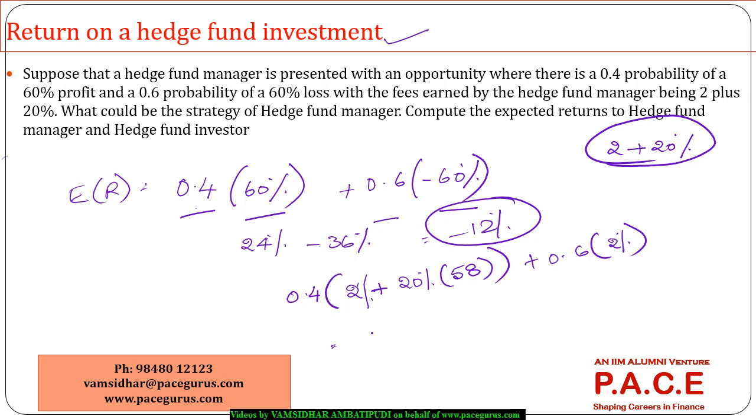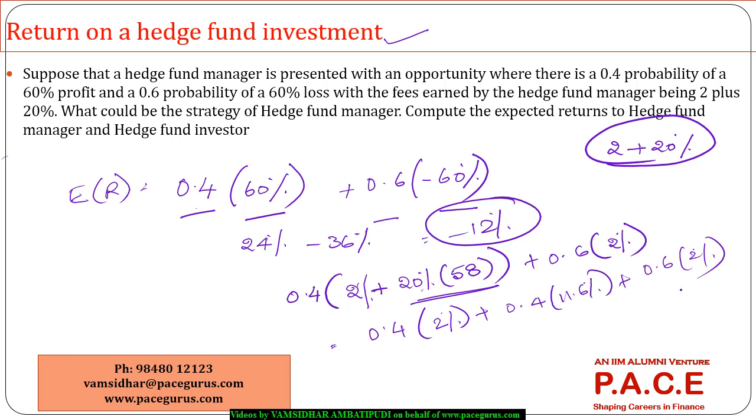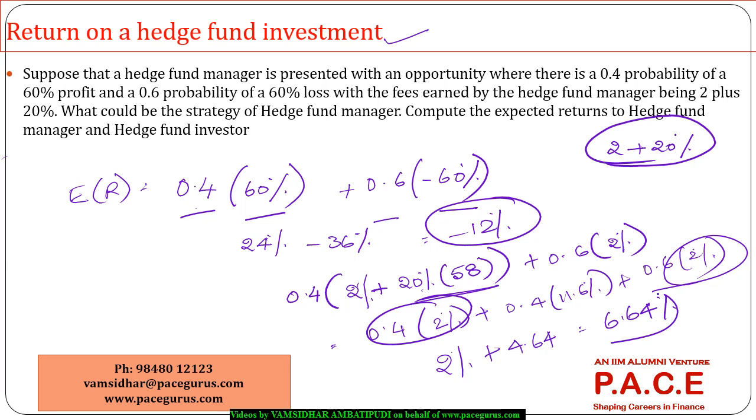So it is 0.4 times 2% plus 0.4 times 11.6% plus 0.6 times 2%. Overall I can take this as 2% plus 0.4 times 11.6%, which is 4.64%, and overall it is a 6.64% return.